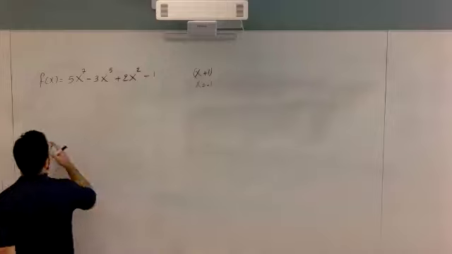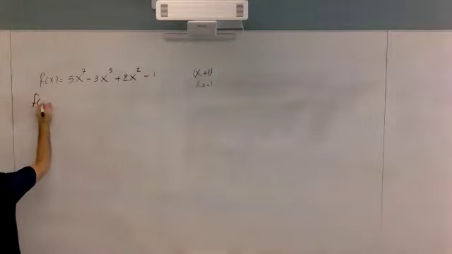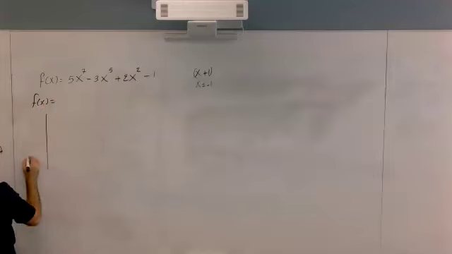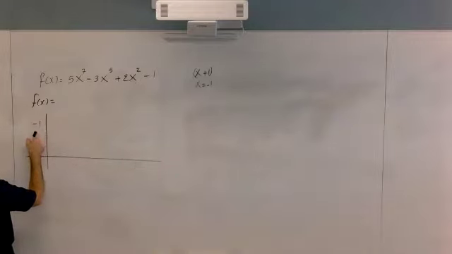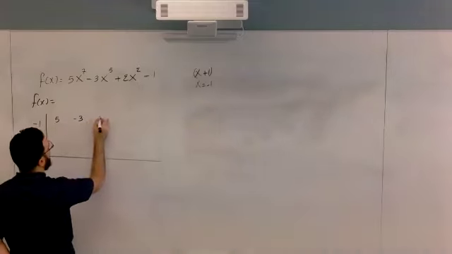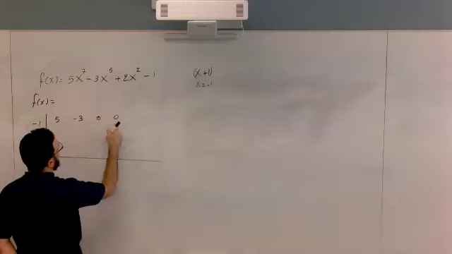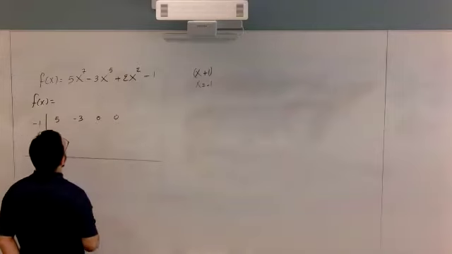Now, do I have a missing term? Yes. I'm not going to write down this one again. I'm going to jump to the table. Here's negative 1. 5, negative 3. And we have 1, 0, 2, 0, 4, and 3. X to the power 4, x to the power 3, there's one in between. 6.